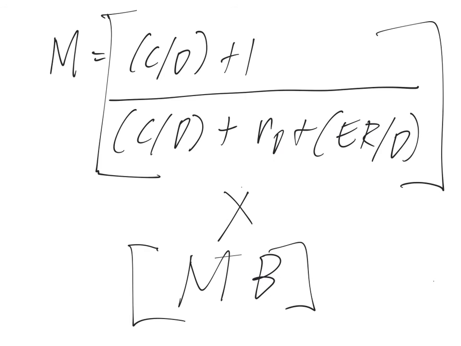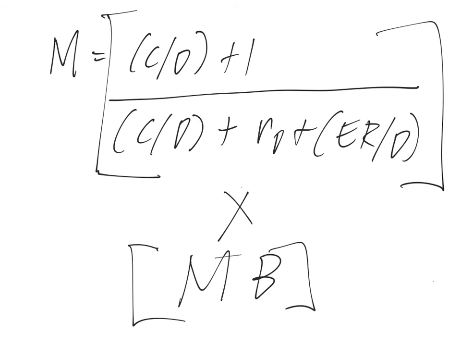Case number two. Let's suppose people don't keep any currency, C, at all. They still only use checks. Every dollar that comes into the hands of a person immediately gets deposited into a checking account. So, once again, C over D is 0. You can forget the C over D. However, this time, banks will hold excess reserves.